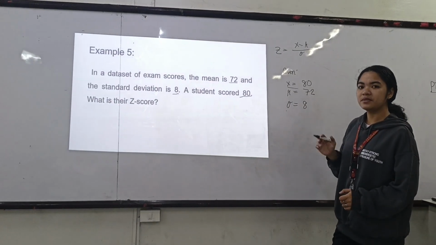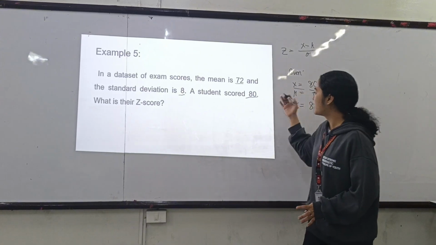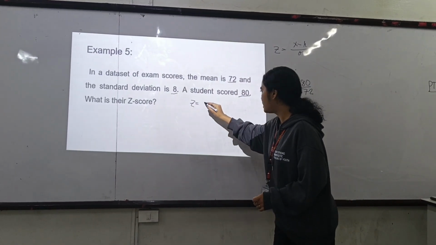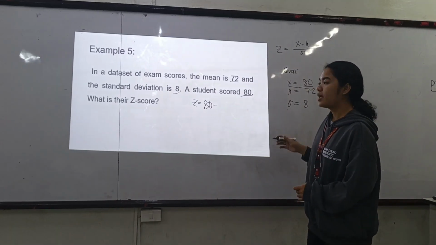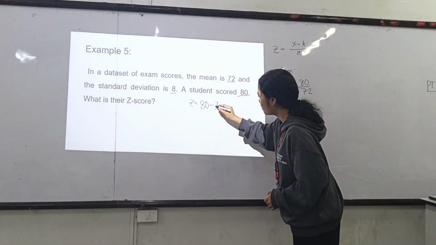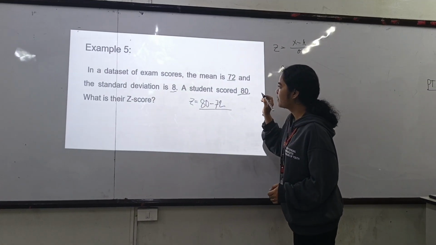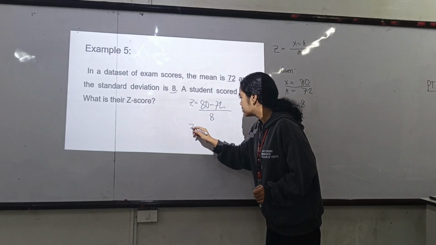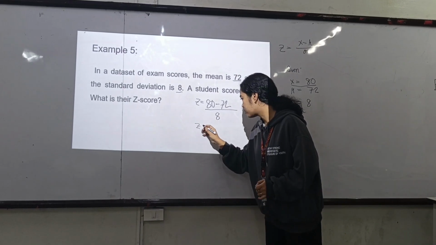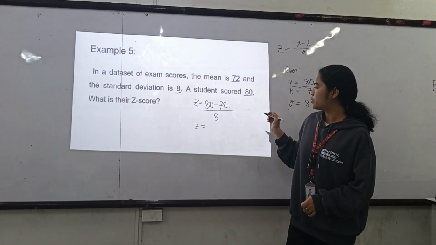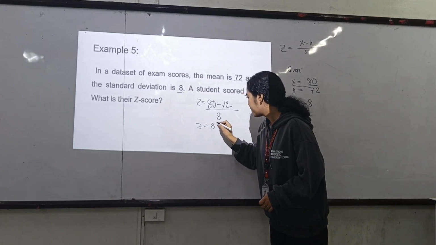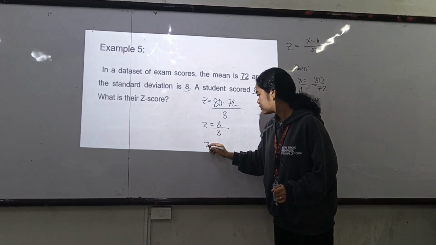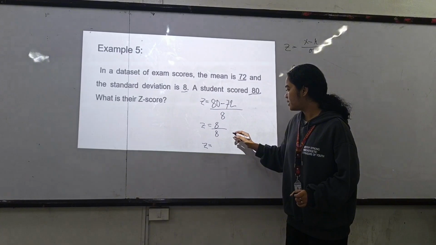So next, we need to substitute the given values to the formula, which is z is equal to x, which is 80, minus 72, divided by the standard deviation 8. So next, we need to subtract the numerator. 80 minus 72 is 8, divided by the standard deviation 8. So now 8 divided by 8 is equal to 1.